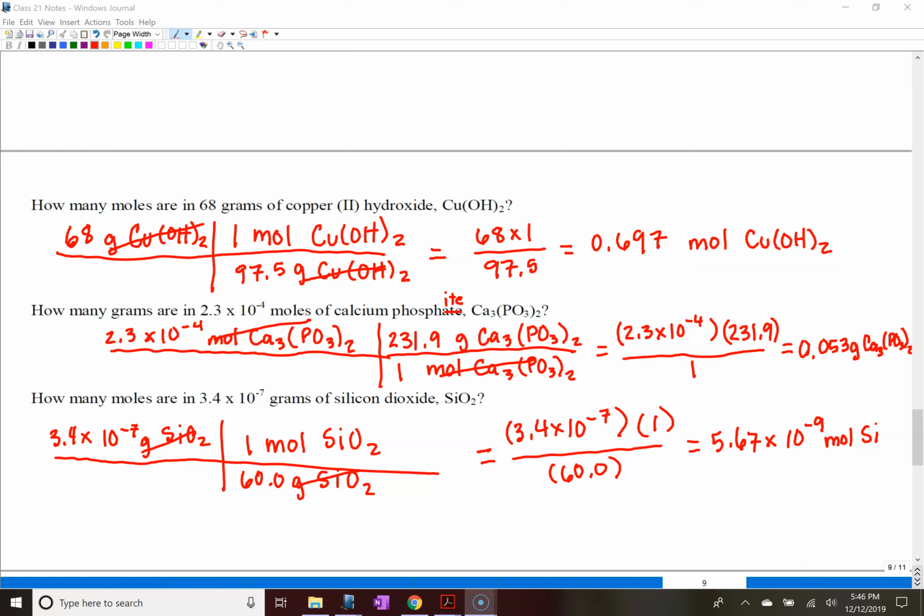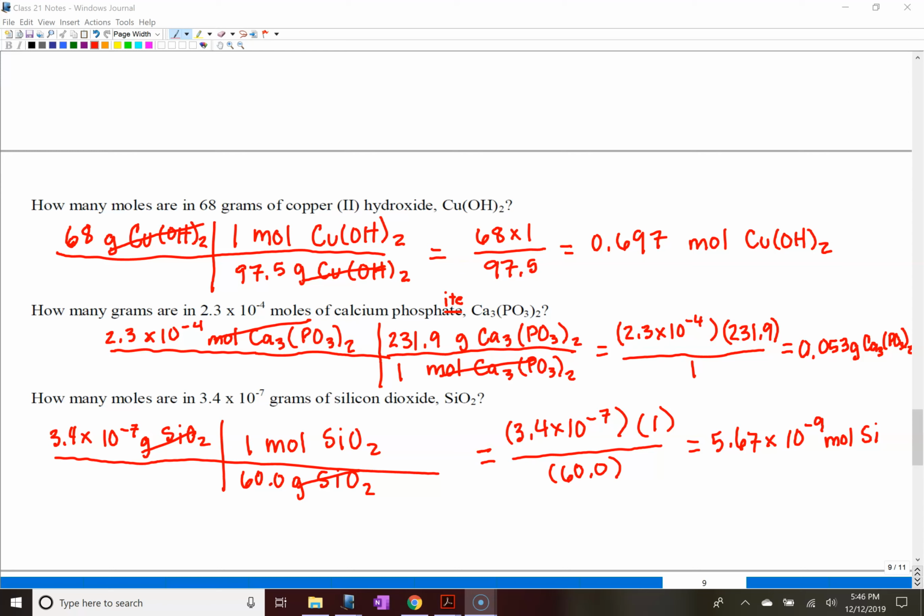Problem number 2 says, how many grams are in 2.3 times 10 to the negative 4 moles of calcium phosphate? 2.3 times 10 to the negative 4 moles of calcium phosphate would go in the upper left box. And then in the bottom right box, I would put my unit of moles of calcium phosphate.